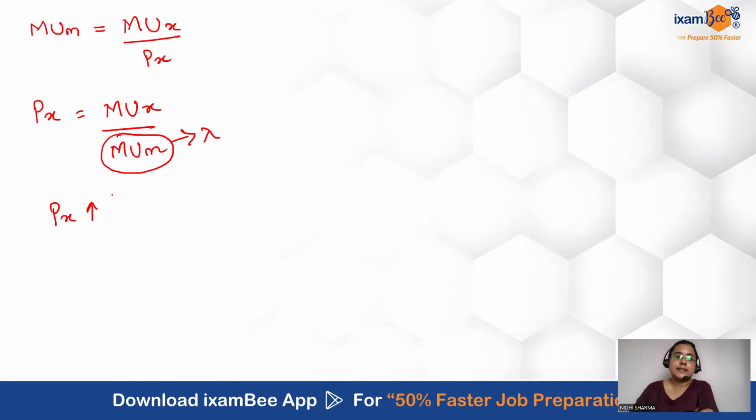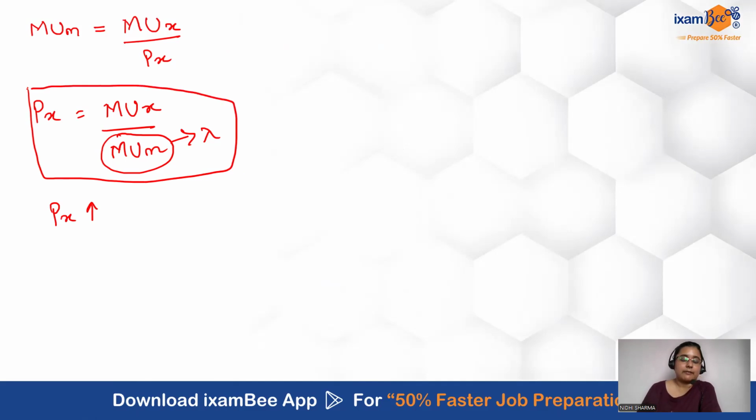Now, when PX increases, what can I tell about this equation? Here we had an equal to symbol, but now this will become an inequality: MUX divided by lambda is less than PX. That means my left hand side is more than the right hand side. That's what I can see because PX has increased.